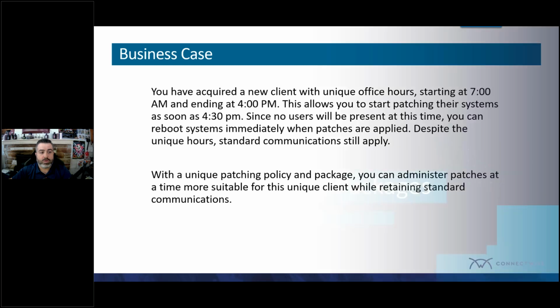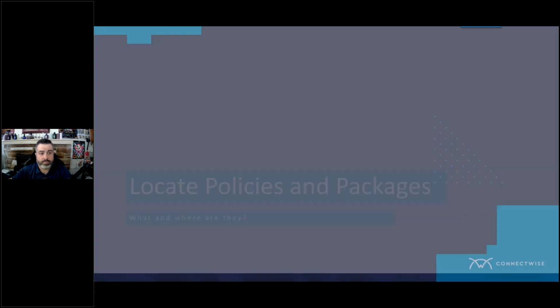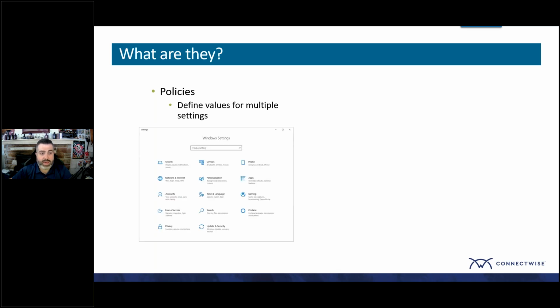So first, let's start with locating the policies and packages. What and where are they? First, talking about what they are: your policies define values for multiple settings. We all know that all endpoints are not created equal. You're going to have a bunch of settings for those workstations that you need to define.